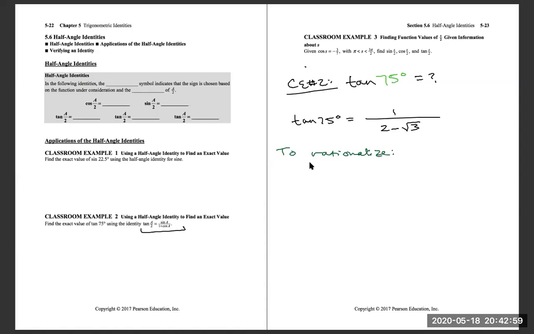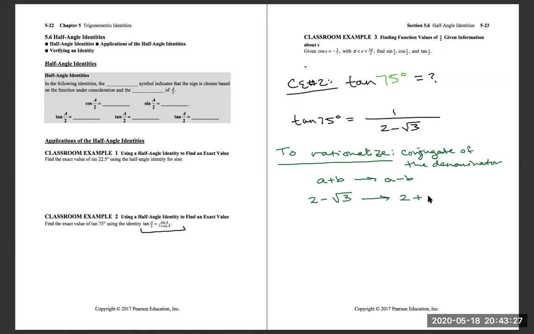you need to use the conjugate of the denominator. Essentially, remember, if you have a plus b, the conjugate would be a minus b. So in this case, we have 2 minus square root 3, so the conjugate would be 2 plus square root 3.